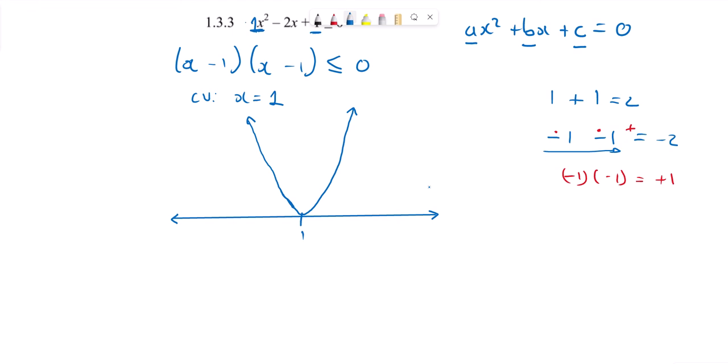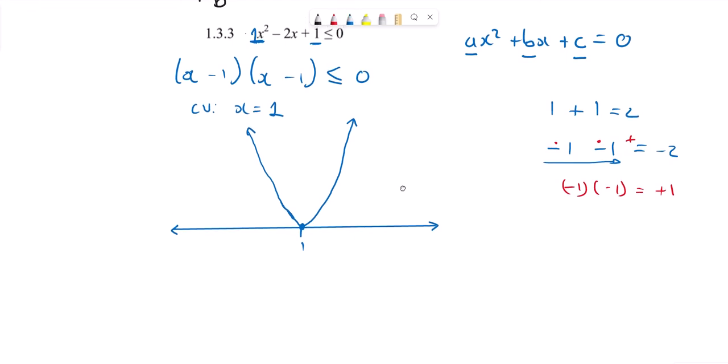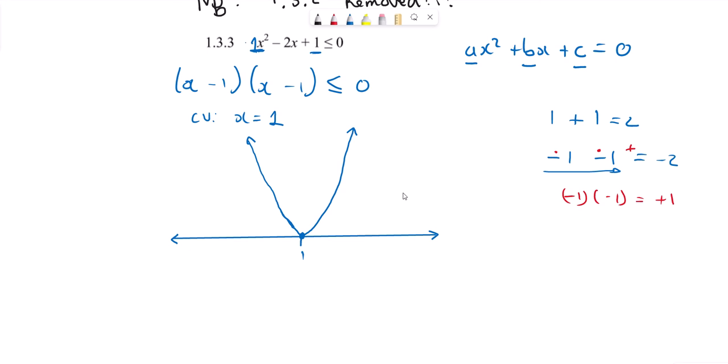We're going to discuss functions in another video. So great, so the graph touches here. Now let's look at which values of x the graph is below or at 0.